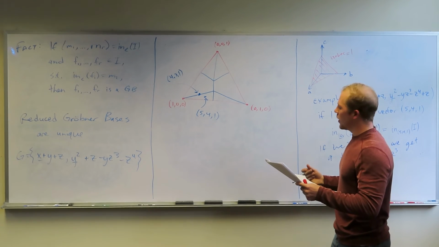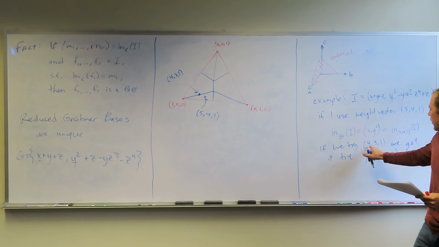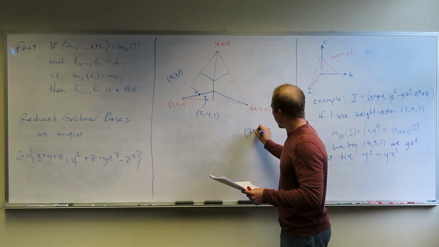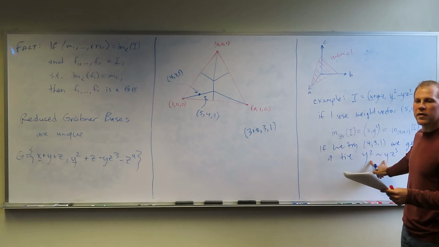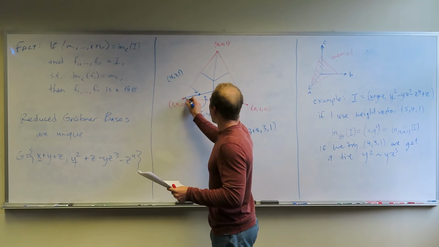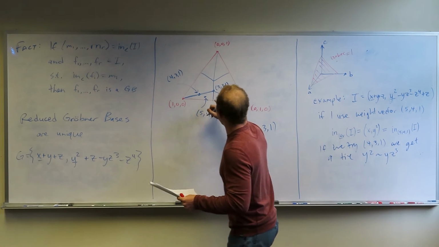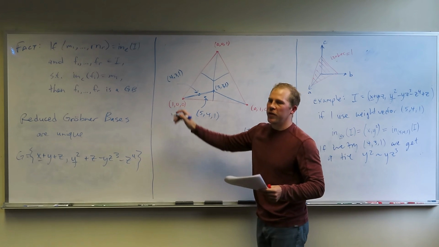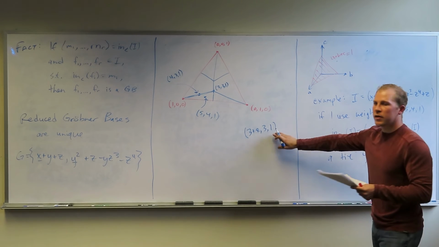And if we really look at this, we could say that a weight vector that looks like 3 plus epsilon, 3, 1 is always going to give us this tie problem. And that's just going to give us all of the things along this line. Right? This point here is 3, 3, 1. And if we add epsilon to that first thing, you think about 1, 0, 0 as the point at infinity, right? But all of these are described by weight vectors like this.